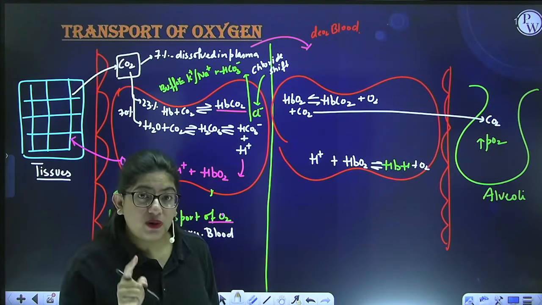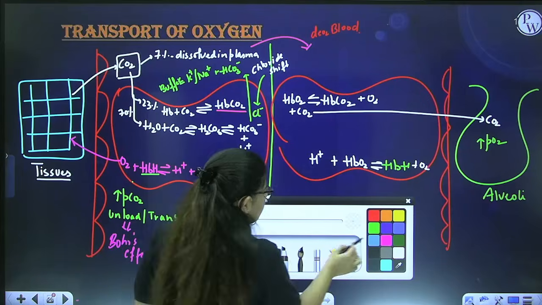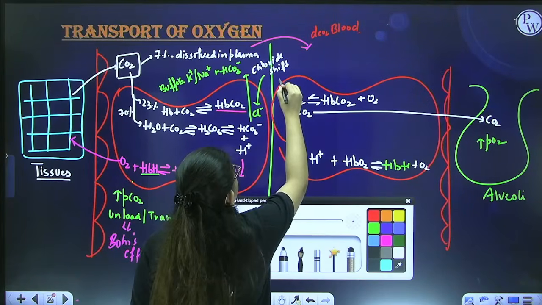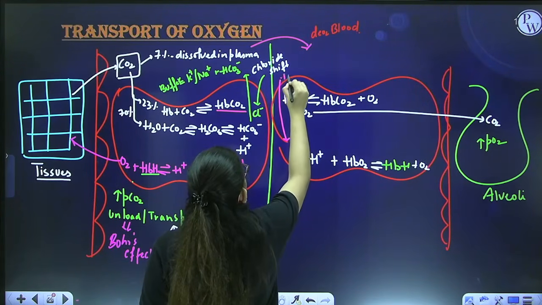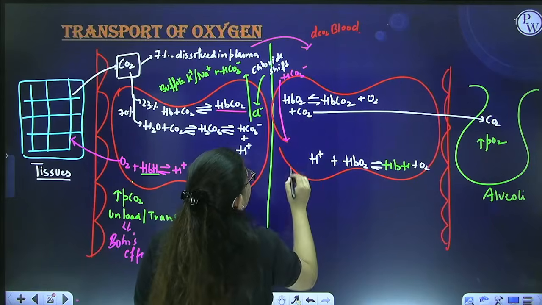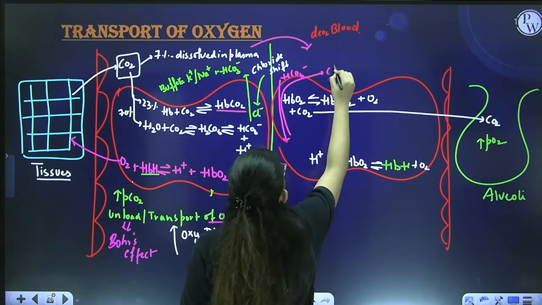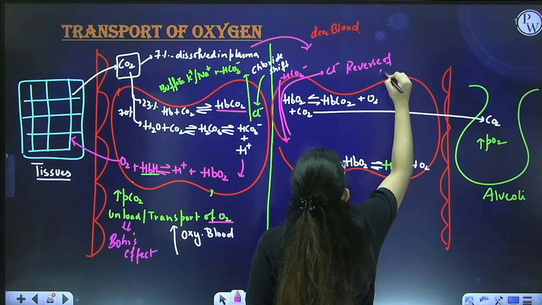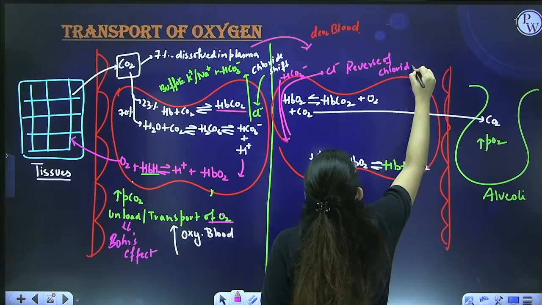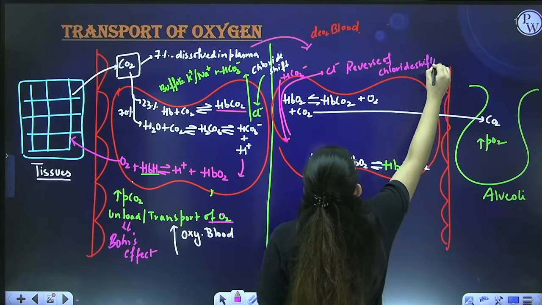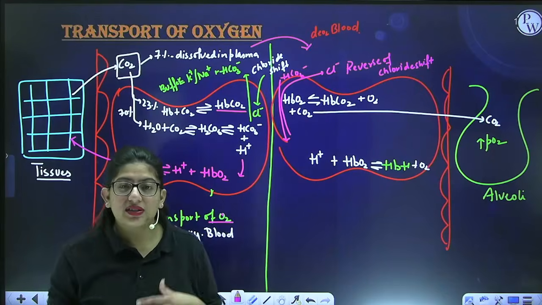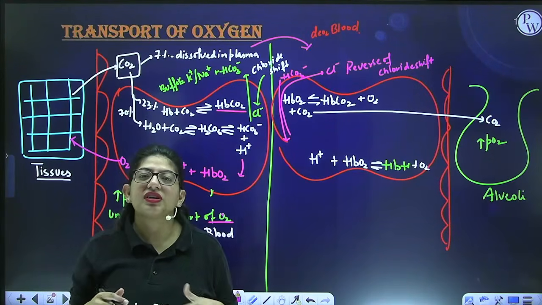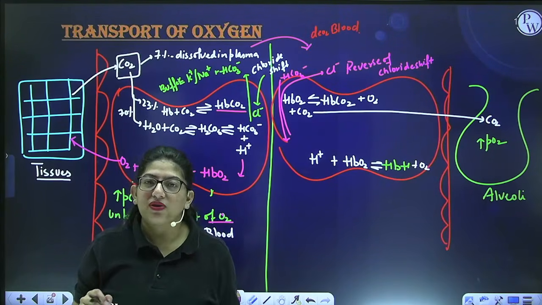Now because H positive ions are free, HCO3 negative will move inside and chloride ions will move back. This is known as the reverse of chloride shift. Now HCO3 negative is a die-hard lover of H positive ion.